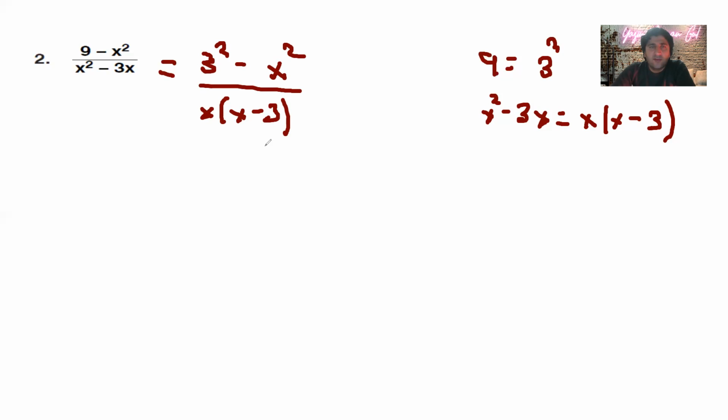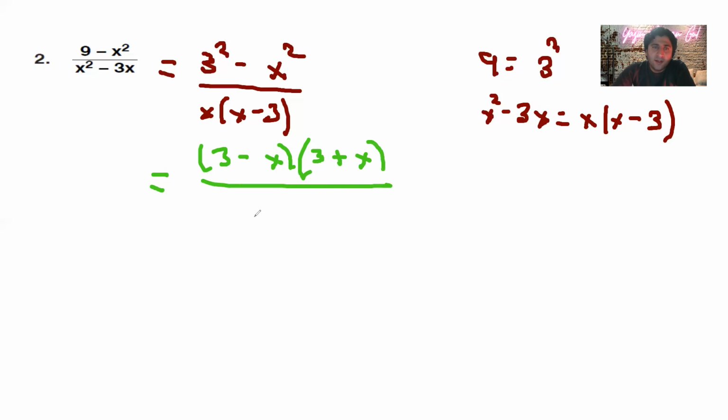If I continue with this, in the top part I can still work with it. 3 squared minus x squared is what? That is a difference of two squares. So basically it is (3 minus x) times (3 plus x), then divided by x times (x minus 3).